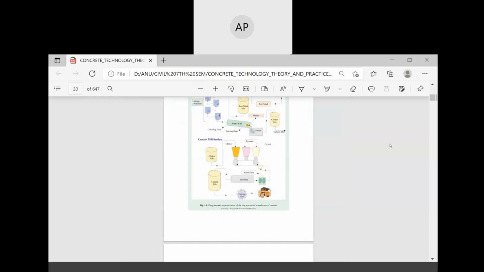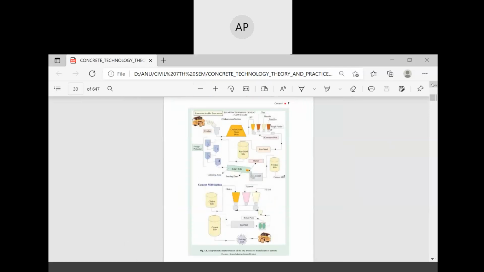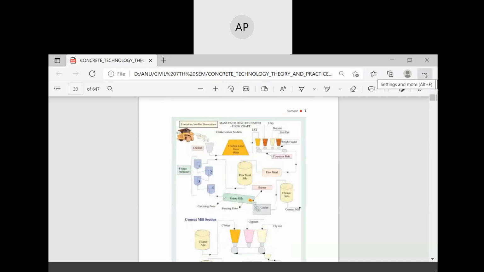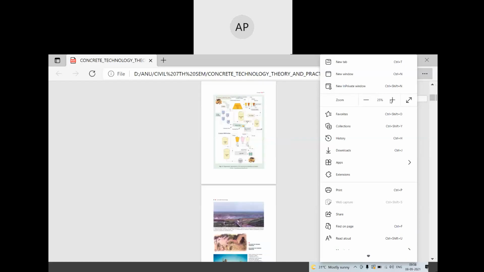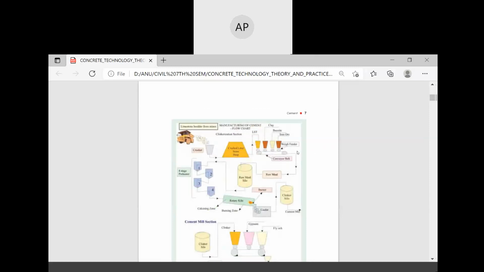So this is a diagrammatic representation of the dry process of manufacturing of cement, where you can see limestone boulders from mines added, then the clinkerization section, then the preheater, raw material mills and rotary kiln.